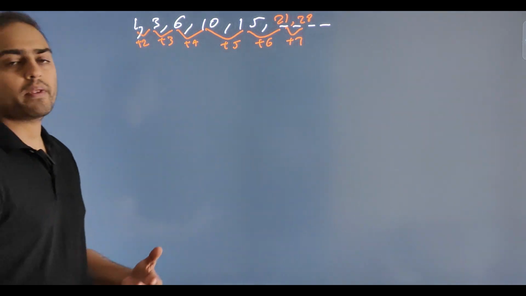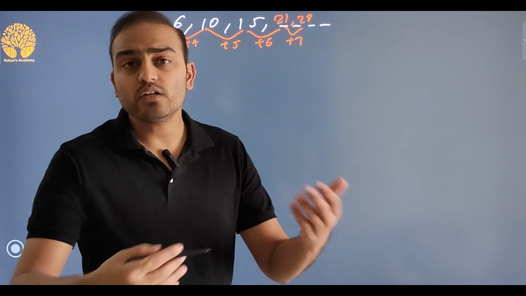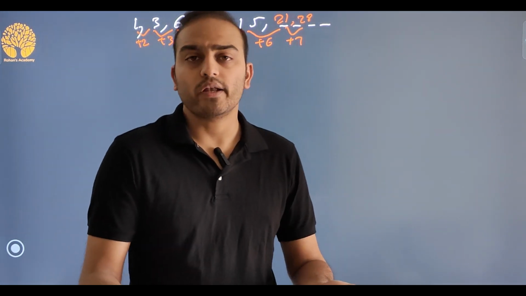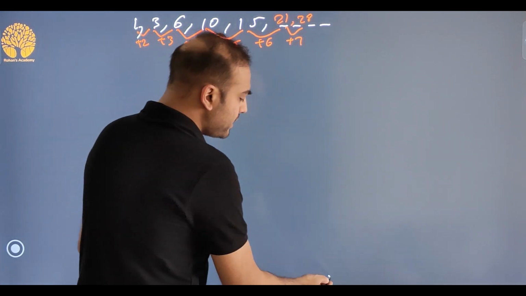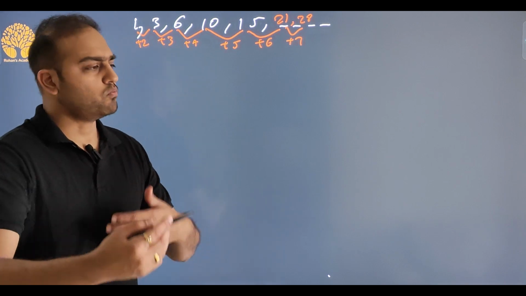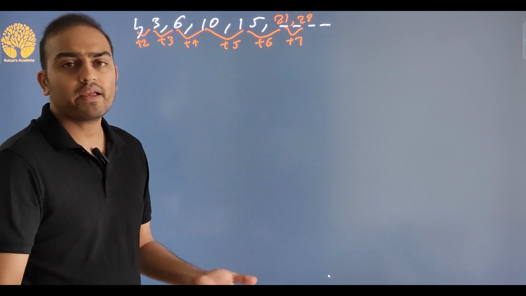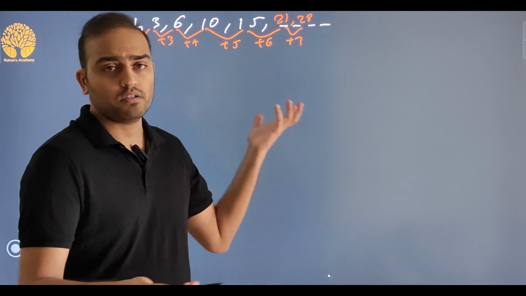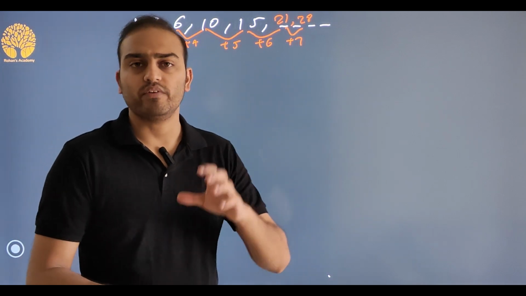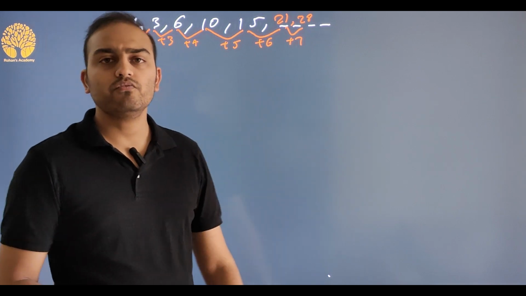So the point I'm trying to make is a generic sequence is any sequence of numbers which follow a particular pattern. Now this pattern simply depends on the question maker. Whatever pattern or sequence formula they make, we take that as a rule and we simply follow that.